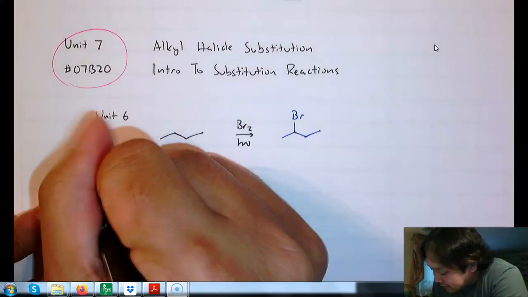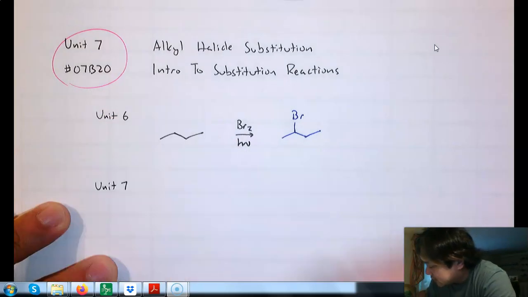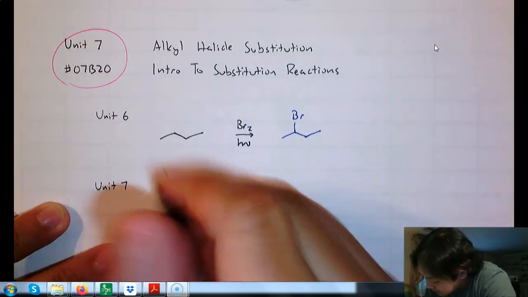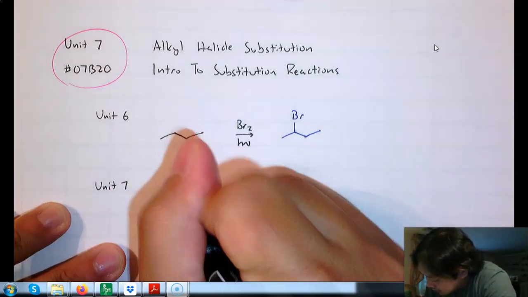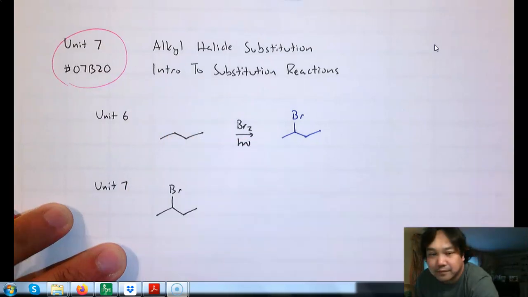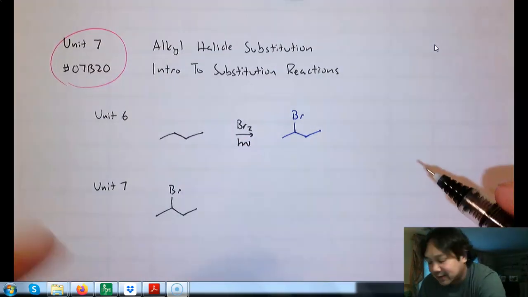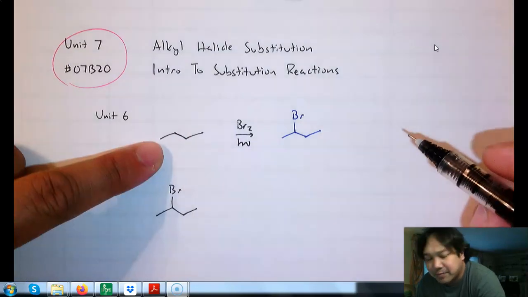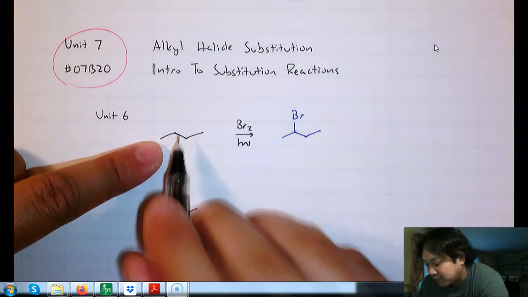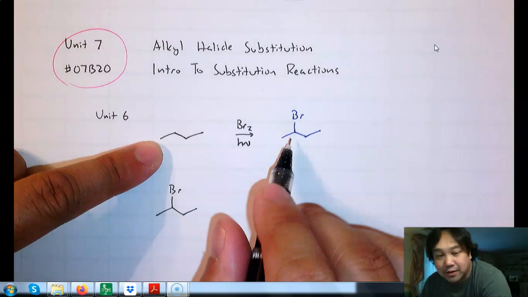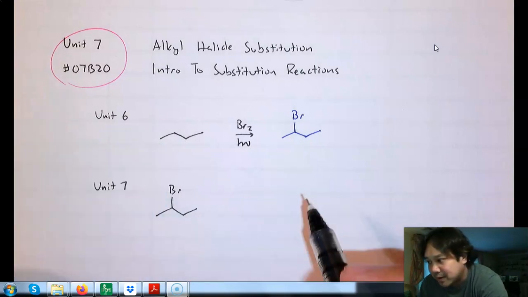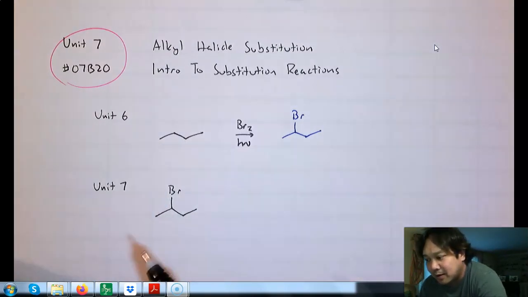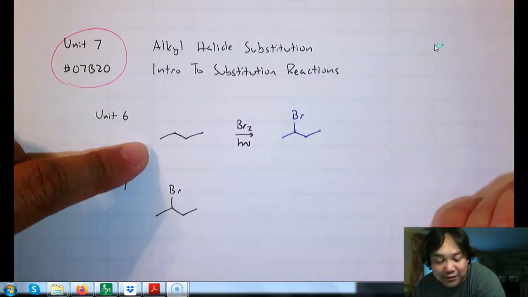In Unit 7, we could take the starting material and do what's called a substitution reaction. Technically, this reaction up here is substitution because we took off a hydrogen and we replaced it with a bromine atom, but we mostly consider this a radical reaction.